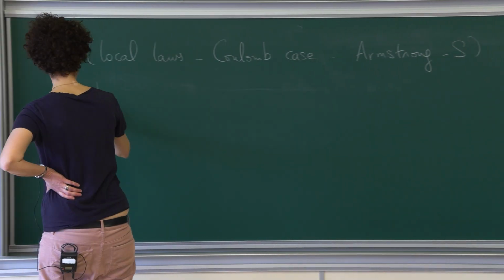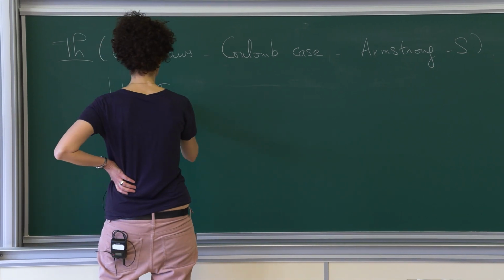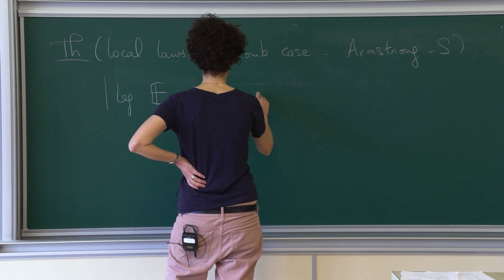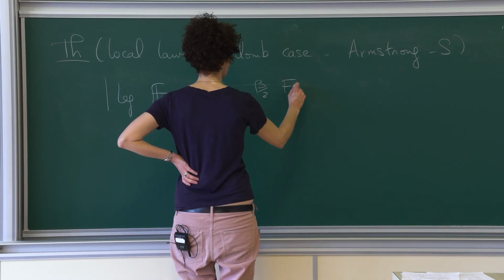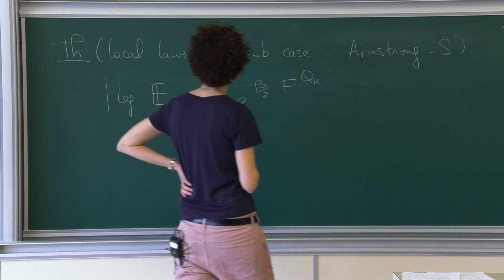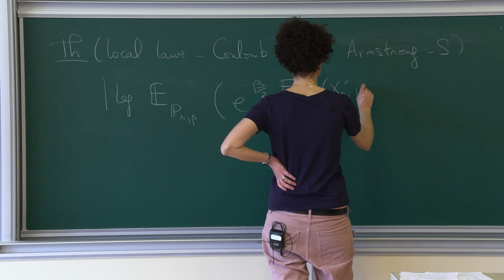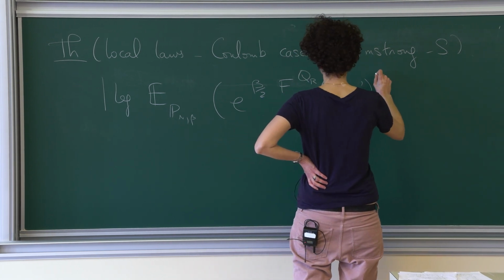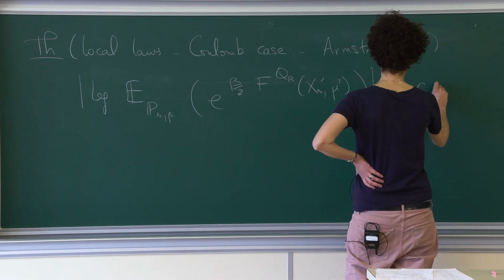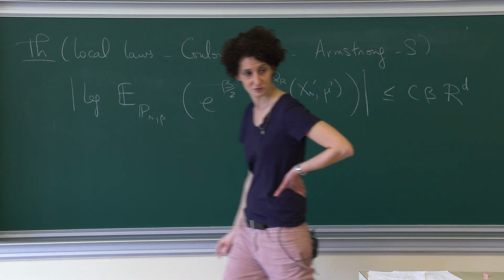It says the same as this, but in sub-boxes. So you take some cube of size r, and you look at the restriction of the energy in that cube. That thing is going to be bounded by the size of the cube.